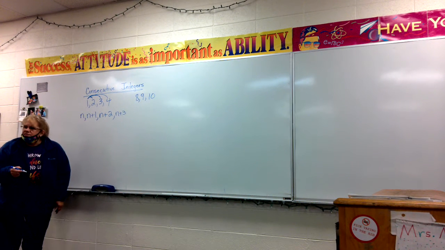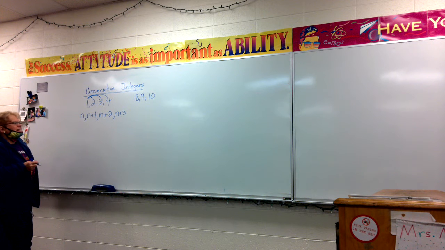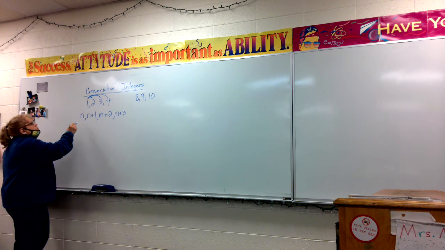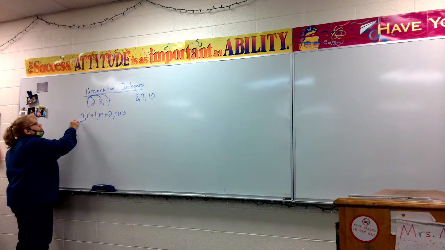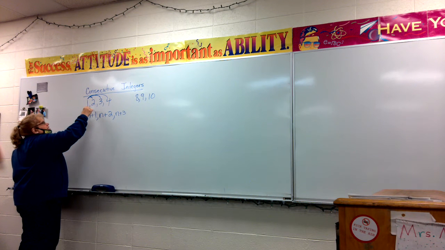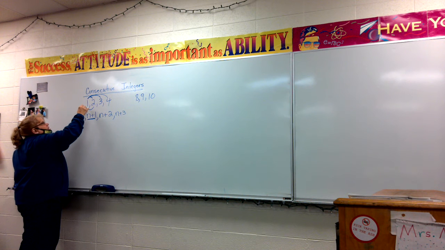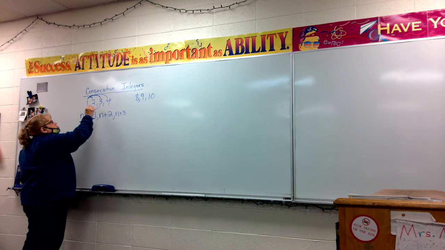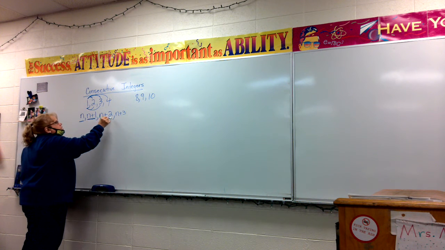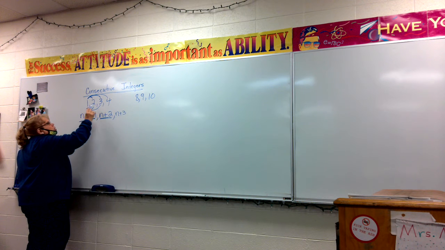So when you're asked to write a consecutive integer problem, you always let the first one be n. The next one is that number plus 1. The next integer is that number n plus 2. 1 plus 2 is 3. The next one, 1 plus 4.